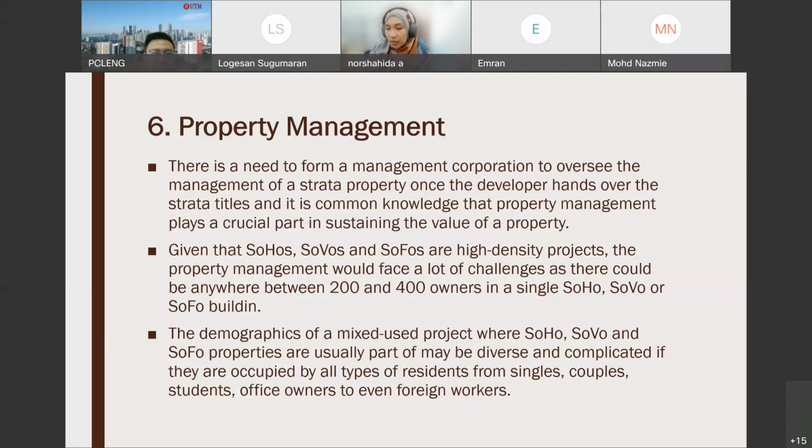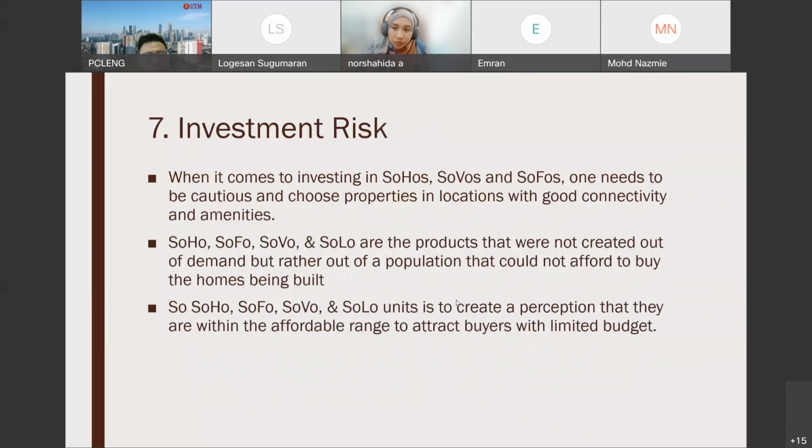For the demographics of a mixed use project, where SOHO and SOHO properties are usually part of, may be diverse and complicated if they are occupied by all types of residents from single, couple, students, office owner to even foreign workers. So in terms of this management risk, when it comes to investing in SOHO, one needs to be cautious and choose properties in location with good connectivity and amenities.